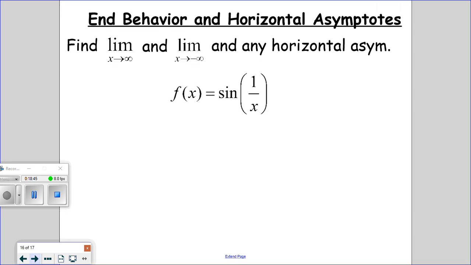All right, last one. Let's think about this. We're going to do our right and left-hand limits here. Find the limit as x approaches infinity, find the limit as x approaches -infinity, and any horizontal asymptotes, if either of those happen to have a number answer. Our function this time is sine of 1 over x.